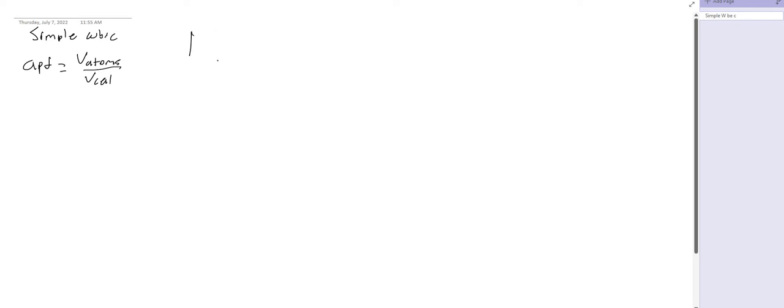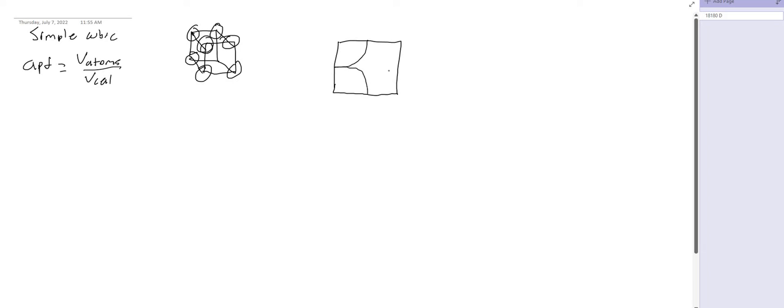And if we have a simple cubic cell, we're going to have our cube and we're going to have our atoms occupying the corners of these. Now I'm not drawing this to scale because in a real simple cubic, if we were to hold it up close like this, it would look like this.